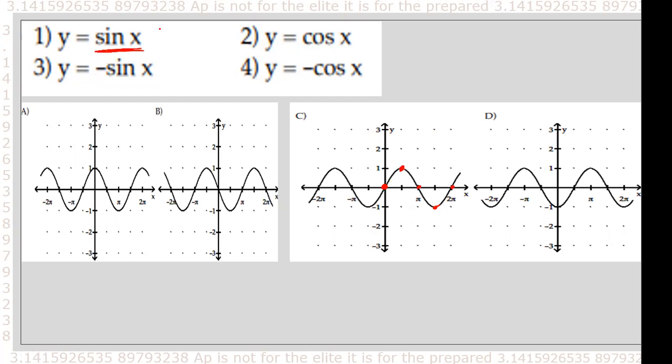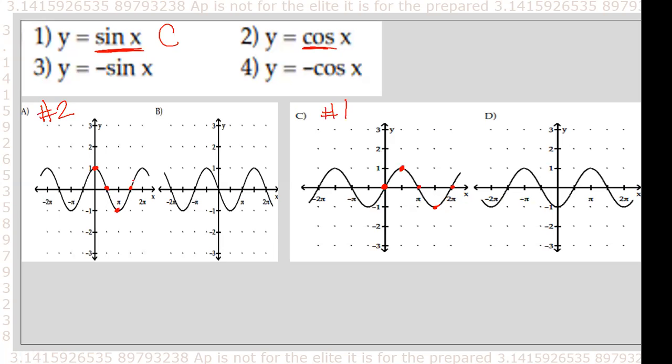So 1 is C. Okay, let's try the next one. Cosine of x. We just did this one. Which one of these reminds you of cosine of x? Hopefully you saw that this one is A because it starts at the max, then to the middle, then to the minimum, and back up.